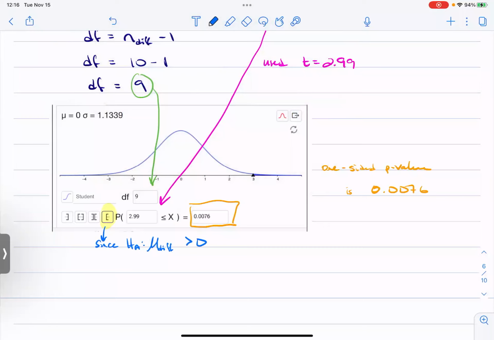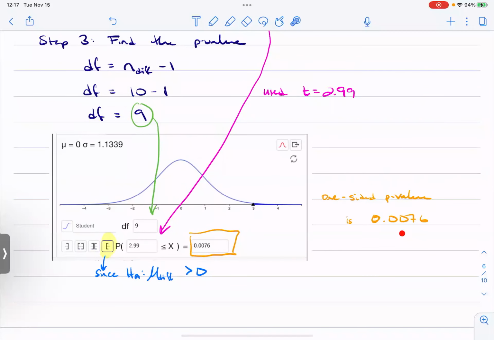I know that connection takes a long time to build up to, so I just want to emphasize it every time, okay? That connection between the alternative hypothesis and which tail area you need.